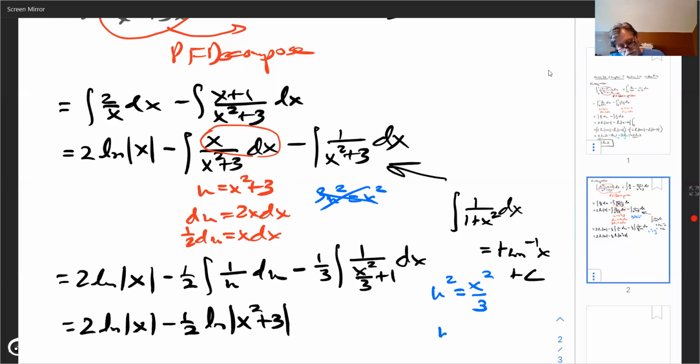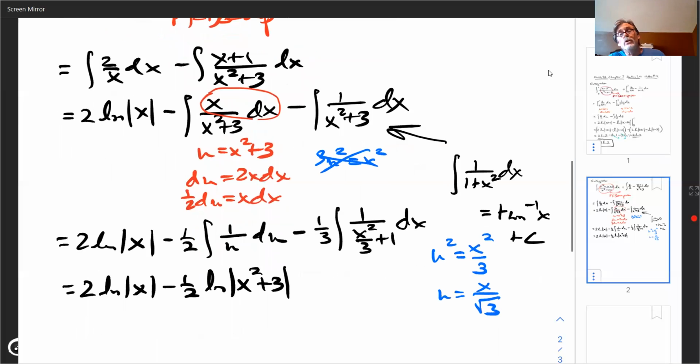So u itself is x over the square root of 3 is really our substitution. I know this is a long video. We did 2 at once, didn't we? And so therefore du itself is dx over radical 3. So dx by its lonesome is radical 3 du. I know it's a bit elaborate, but that's what I'm getting when I do this substitution.